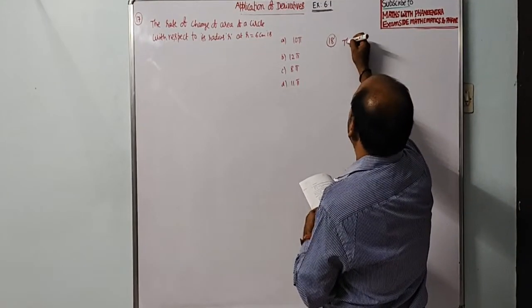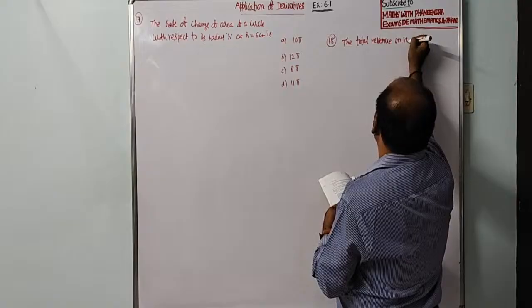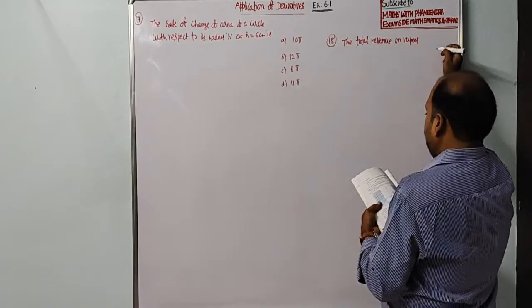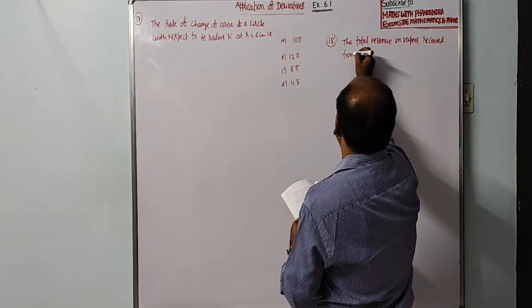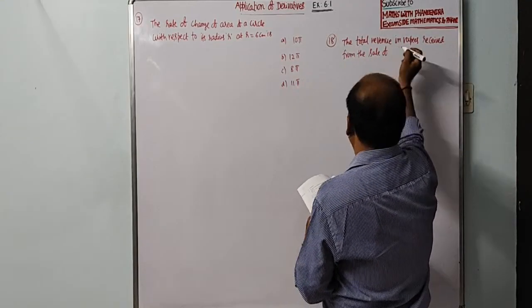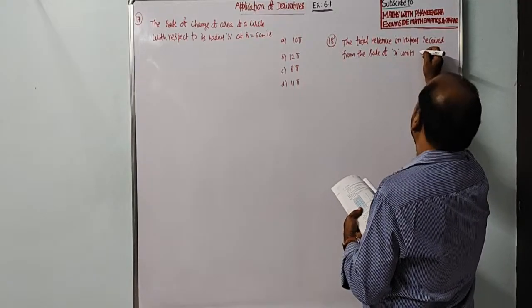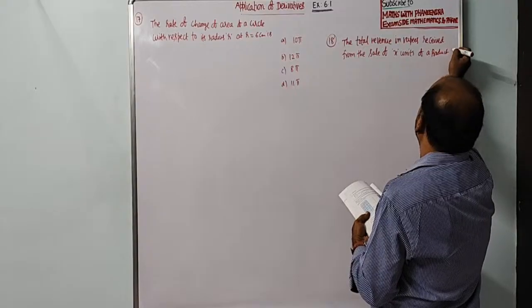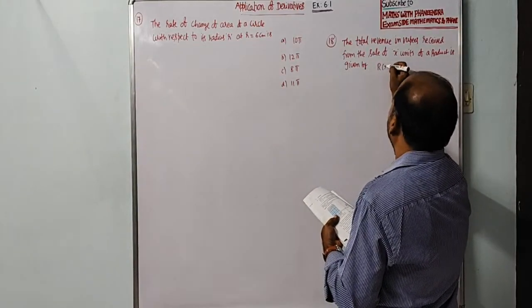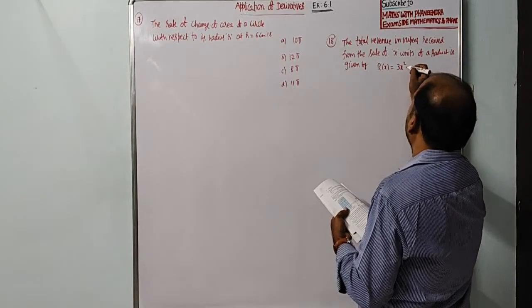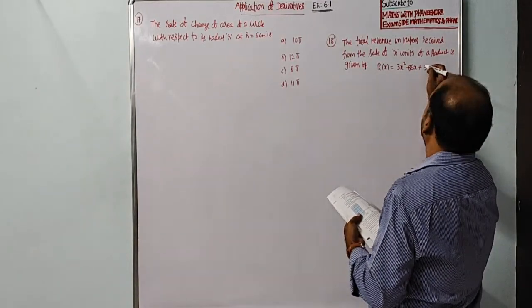The total revenue in rupees received from the sale of x units of a product is given by R of x is equal to 3x square plus 36x plus 5.